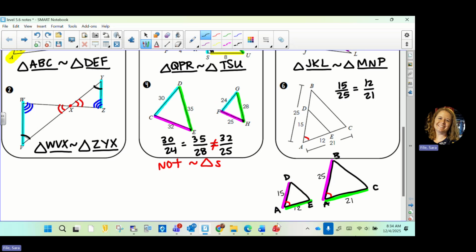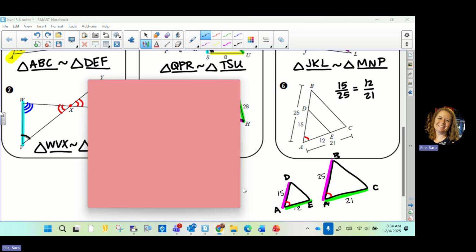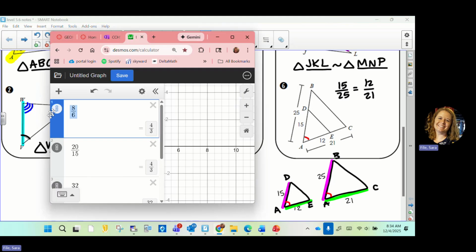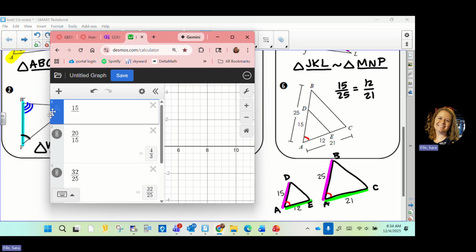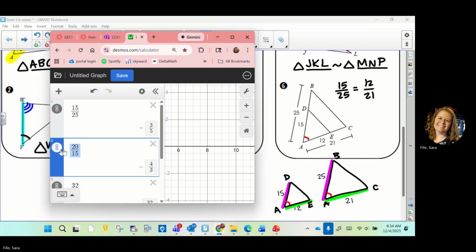That's what I'm checking. So in my calculator, I type in 15 to 25 and 12 to 21. Are they the same? No, 3/5 and 4/7.